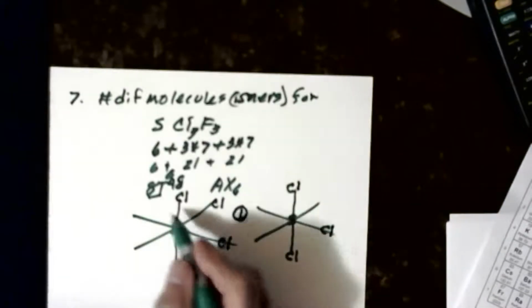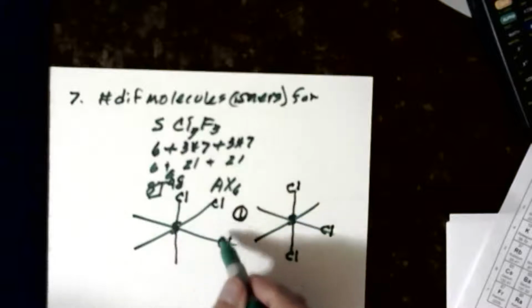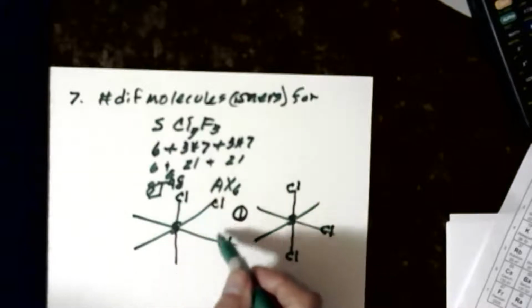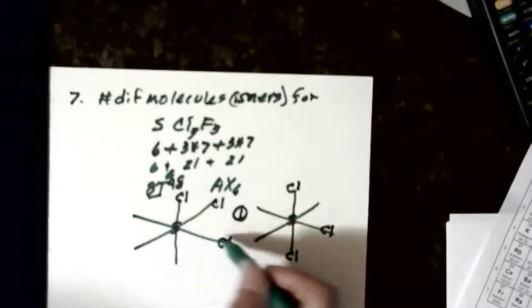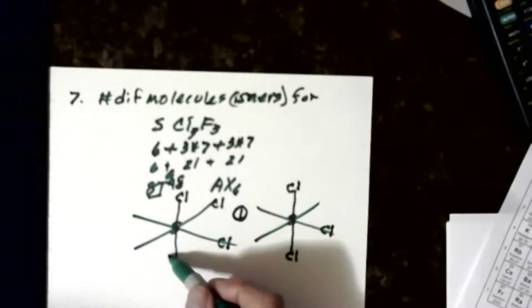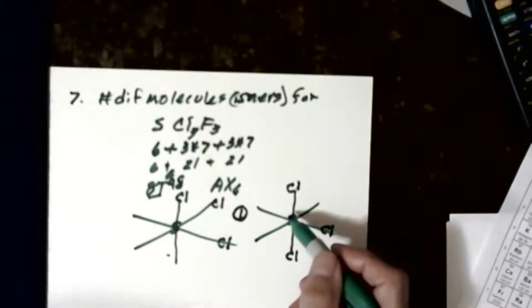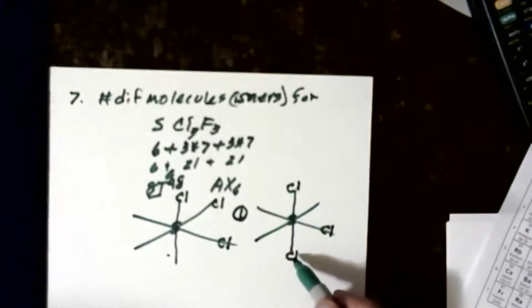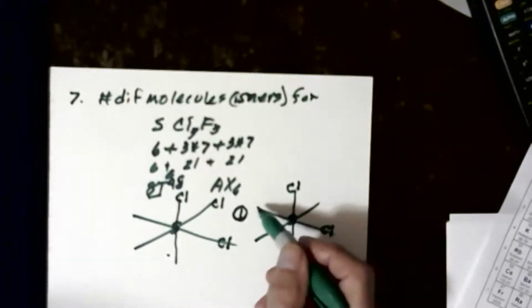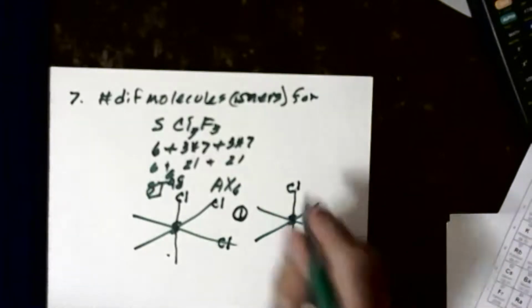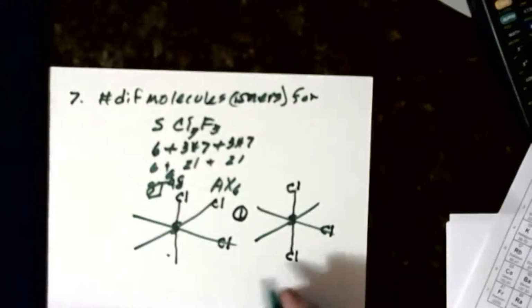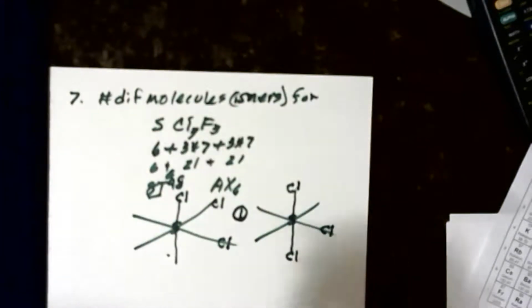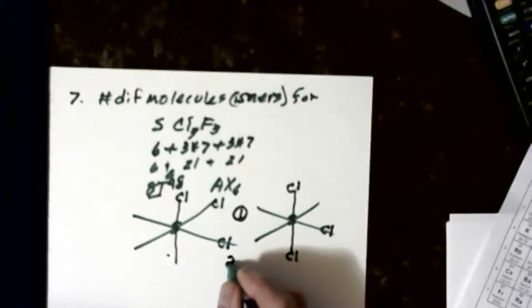Think about how you would describe them. In this one, each of the 3 chlorines is on a separate straight line. For the octahedron, 3 straight lines. In this one, 2 of the chlorines are on one of the lines and 1 chlorine on the other one. So you could waste a whole bunch of time trying to put all 6 of these atoms in every possible orientation you can think of, but there's actually only 2.